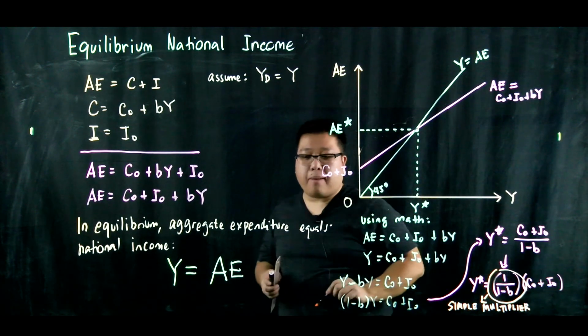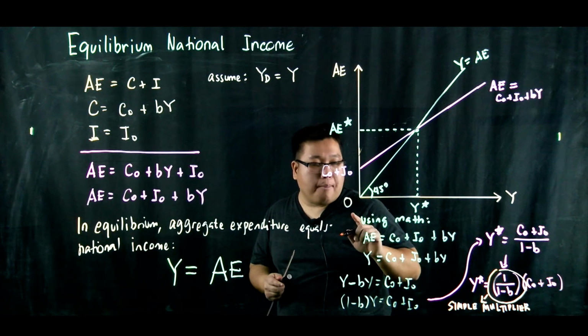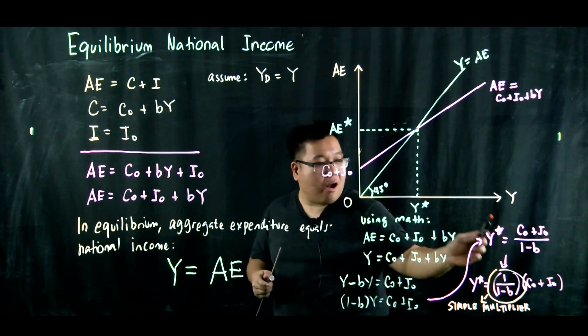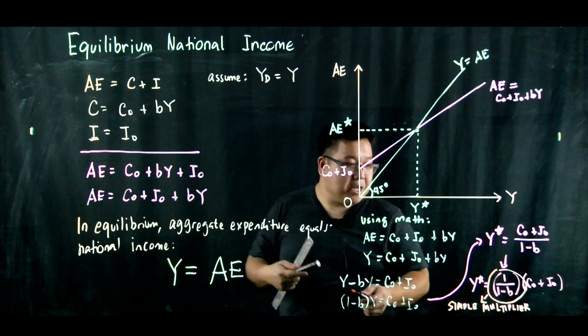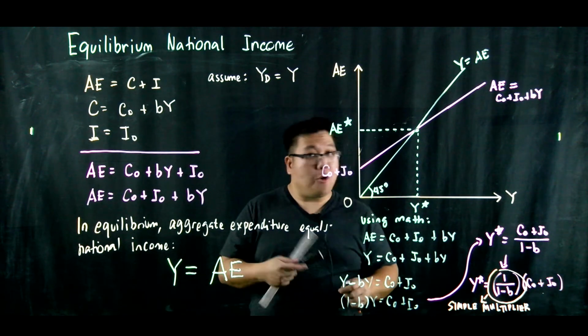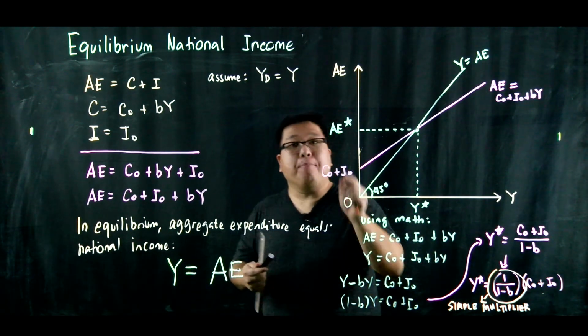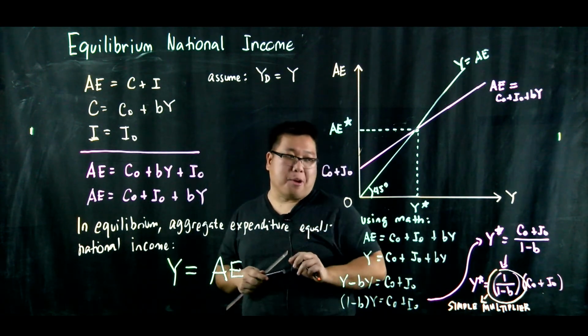The simple multiplier gives us the increase in national income as a result of an increase in our autonomous expenditures. So for example, if our autonomous expenditure increased by, let's say, 2%, the increase in national income will be 2% times the value of the multiplier. Okay, so that's how it's interpreted.